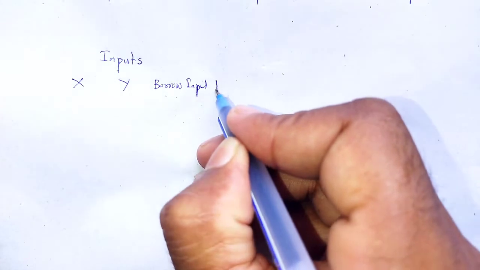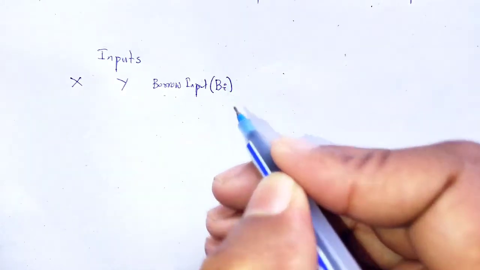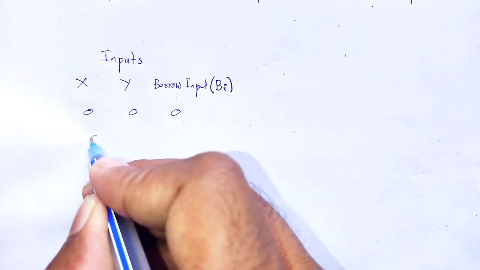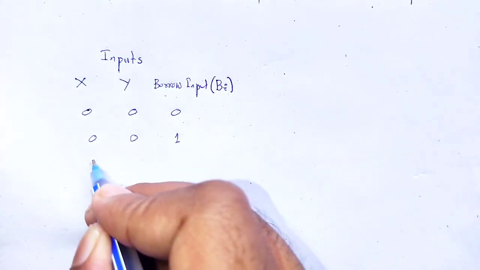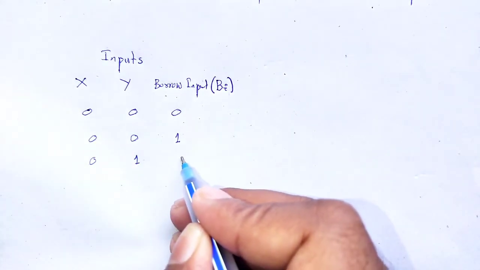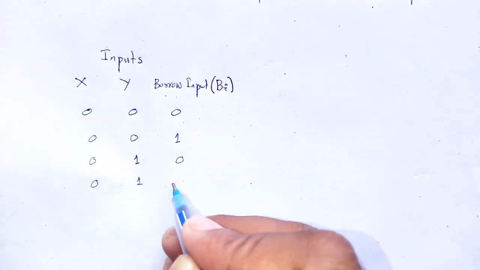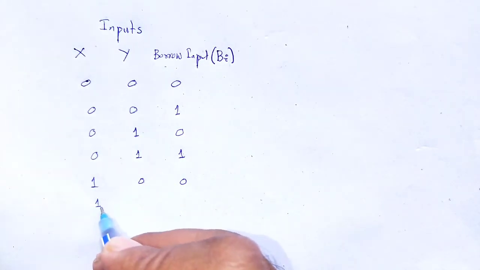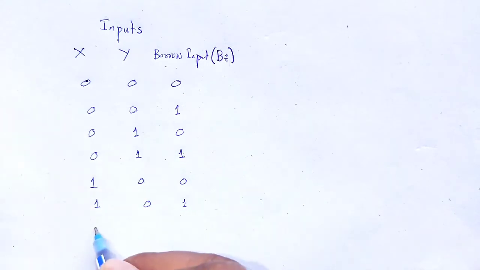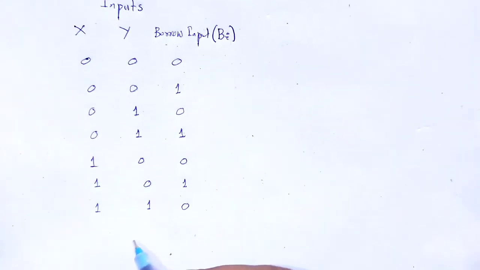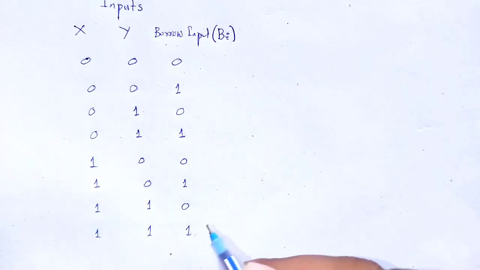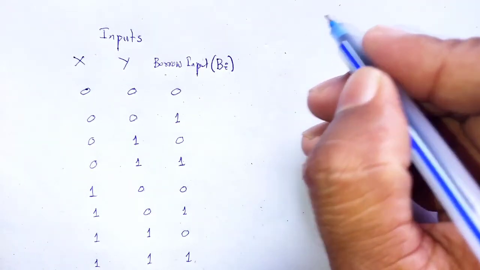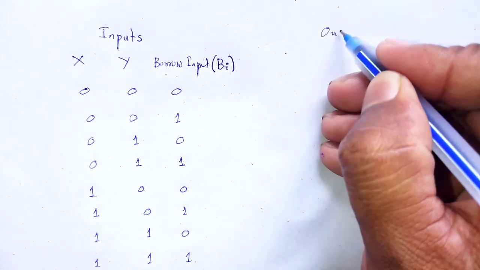So the possible inputs are 000, 001, 010, 011, 100, 101, 110, 111. So the subtraction is drawn at the output section.